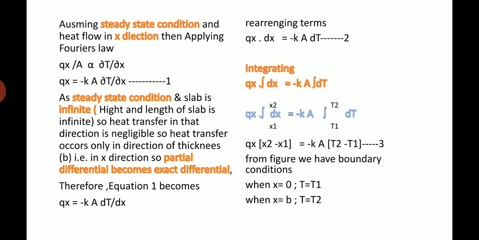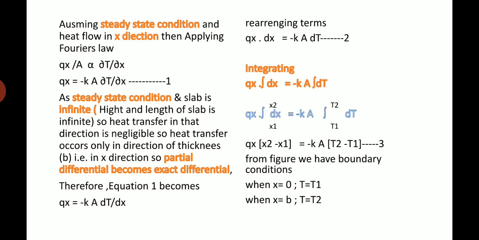Now we integrate this equation number 2. After putting the integration, we have the boundary conditions: for dx it is x1 to x2, and for dT it is T1 to T2.